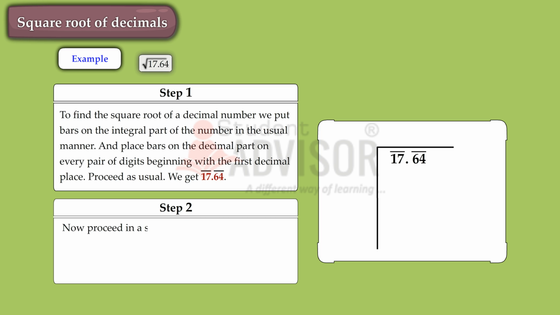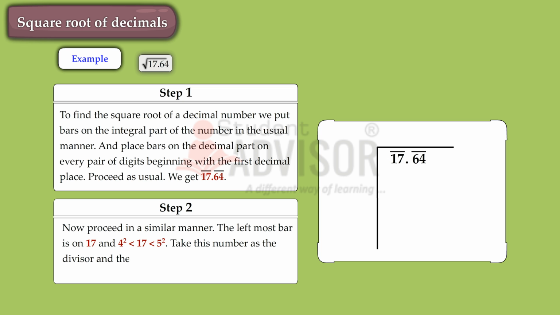Step 2. Now proceed in a similar manner. The leftmost bar is on 17, and 4 square is less than 17, which is less than 5 square. Take this number as the divisor and the number under the leftmost bar as the dividend, that is, 17.